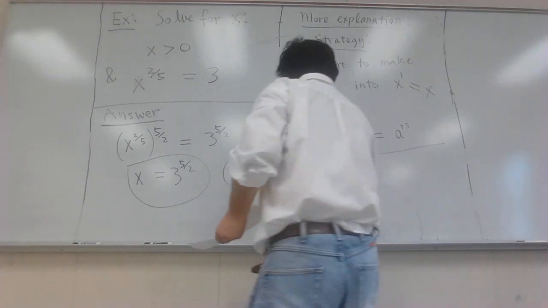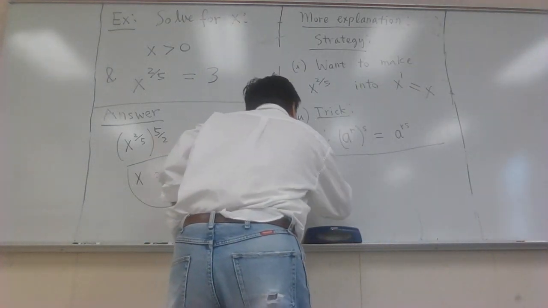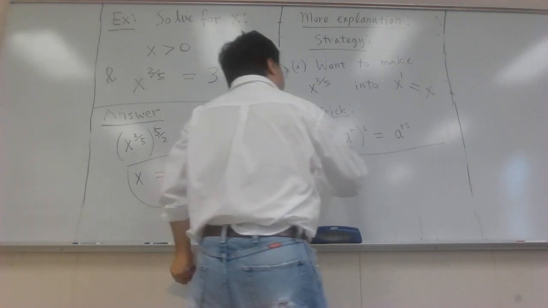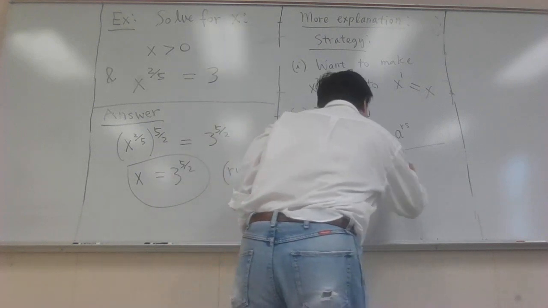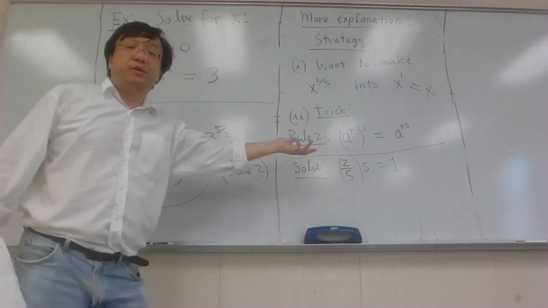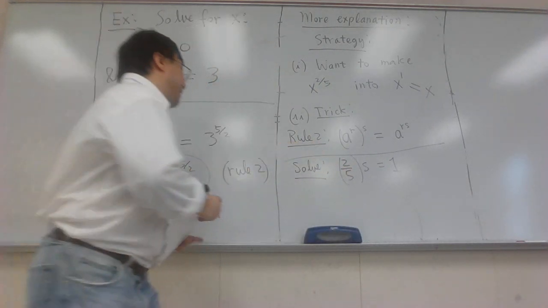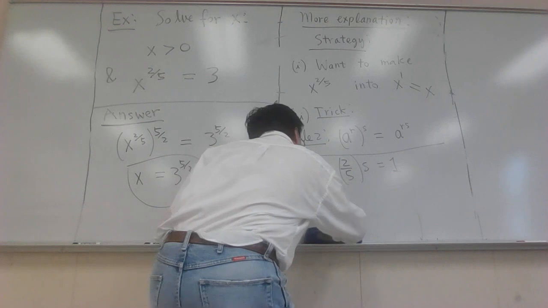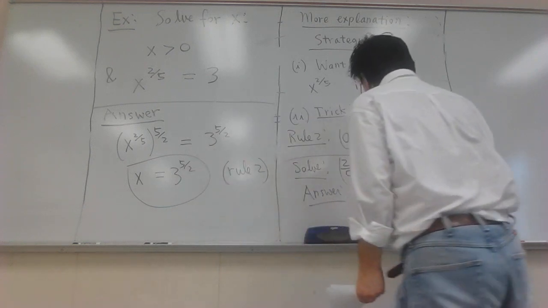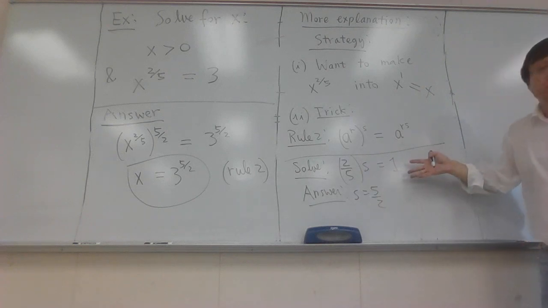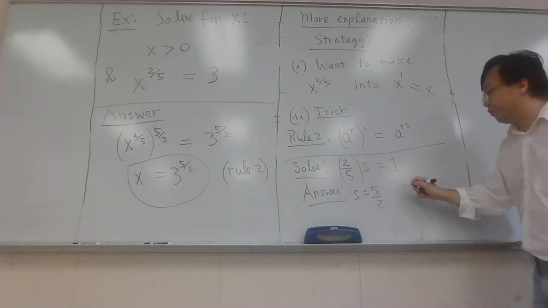So basically, you solve the equation 2 over 5 times s is equal to 1. What times 2 over 5 will be equal to 1? The answer is s equals 5 over 2, because 2 over 5 times 5 over 2 is 1.